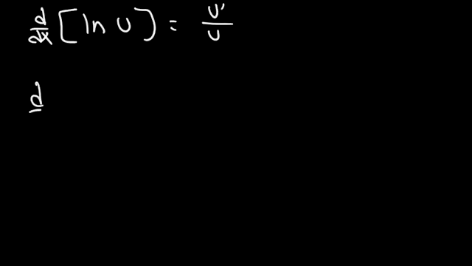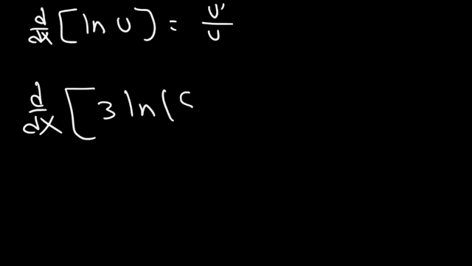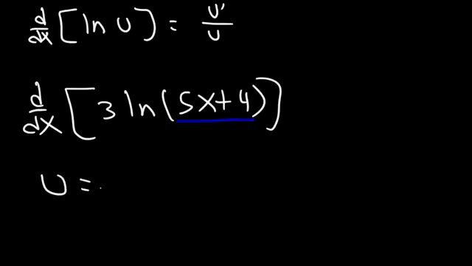For the sake of practice, try this one. Find the derivative of 3 times the natural log of 5x plus 4. So the u variable is going to be 5x plus 4, and u prime is the derivative of 5x plus 4.